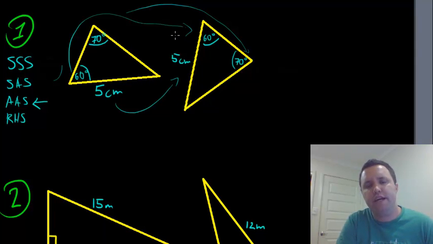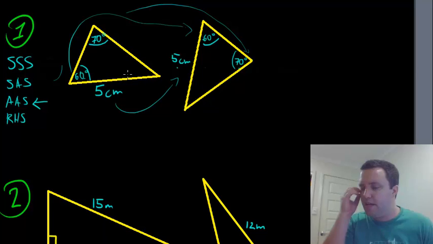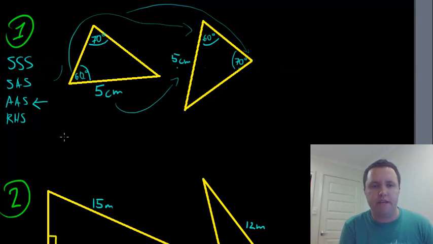If we rotate this triangle here, we will get this one with the 70 in the same position, the 60 in the same position, and the 5 in the same position.